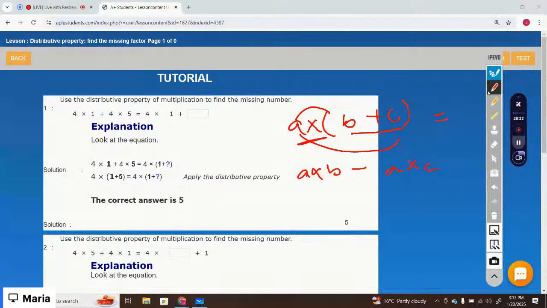You need to find the missing number. So on both sides, you have three numbers involved, 4 and 1. Then third one is 5. So the missing one is 5. That is actually like this: 4 times 1 plus 5.